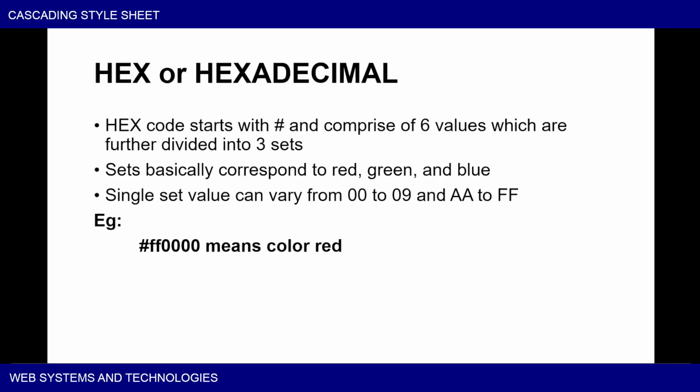If you're going back to your number system, hexadecimal values start from 0 to 9 and A to F, so that's 16 in total. An example of a hexadecimal value for a color scheme is hashtag FF then four zeros. This means that we have a red color. We can check that later on.